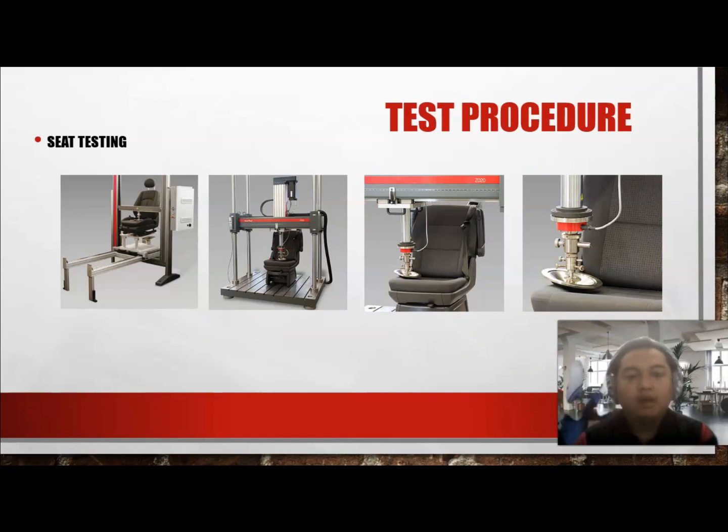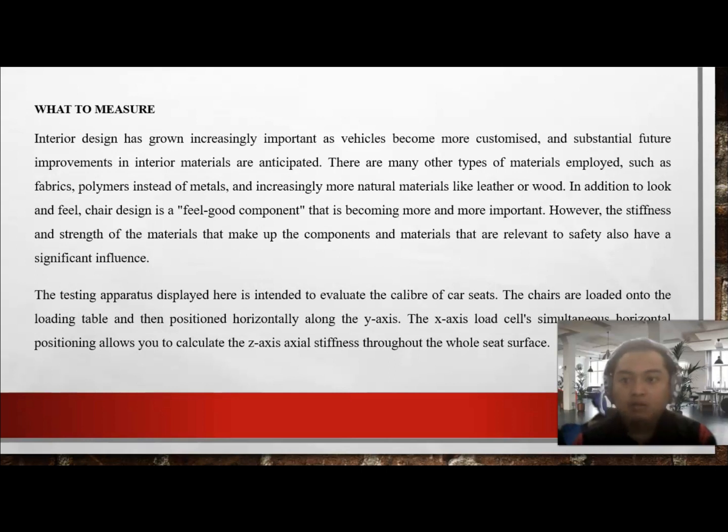So, the test procedure, I put 4 tests. Okay, first is seat testing. What to measure? Interior design has grown increasingly important as vehicles become more customized, and substantial future improvement in interior material are anticipated.